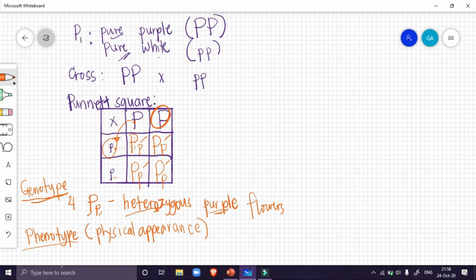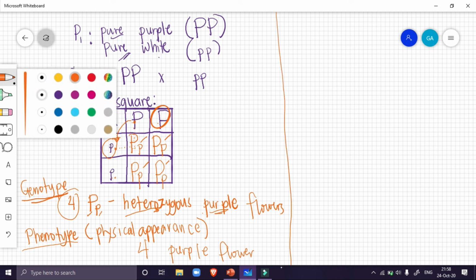We just have to know ano yung kanyang trait. So, we have here purple flowers. So, ilan ang purple flowers natin dyan? Of course, 4. That is how we define or how we write the phenotype of the offspring.